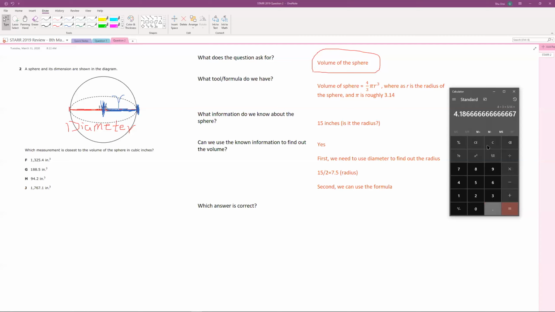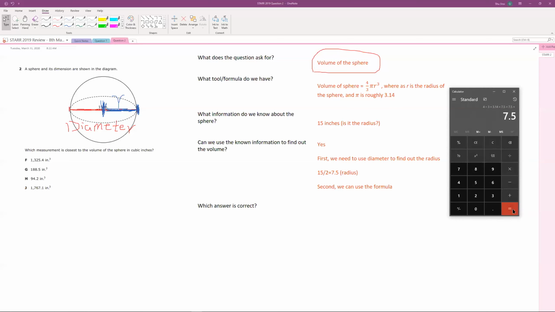If we don't have the cubic button, we can multiply 7.5 by itself 3 times. So it's 7.5 times 7.5 times 7.5. That's equal to 7.5 cubed.